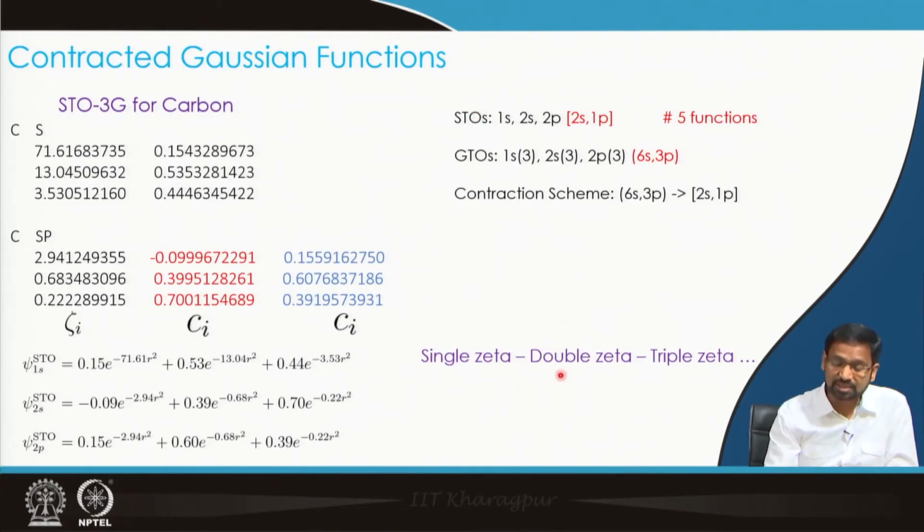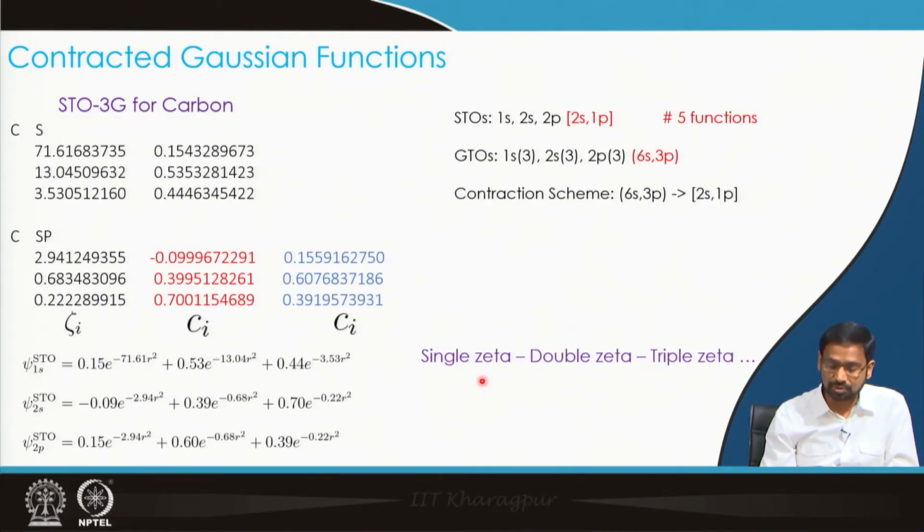Now, this triple zeta or double zeta is being told in the context of the Slater type of function. But the moment you have double zeta functions, each Slater type orbital with 2 different zeta orbital exponents will have also the Gaussian components within them. So, this way we can actually make our basis set better.